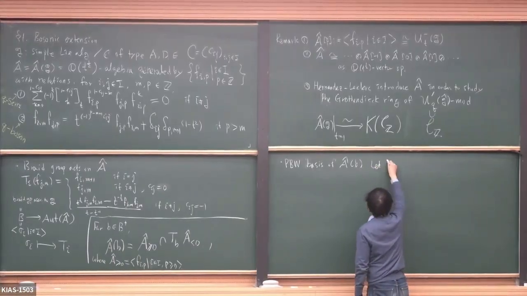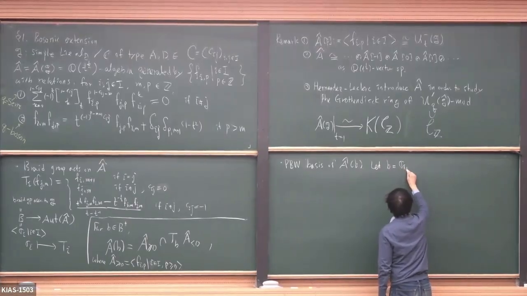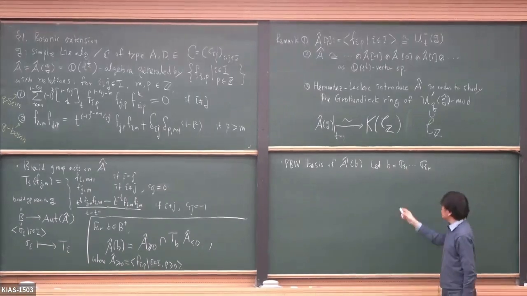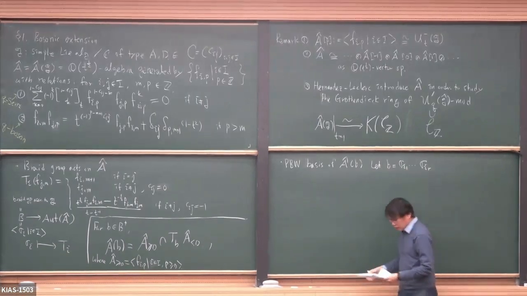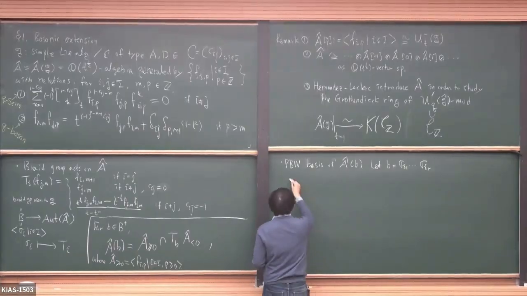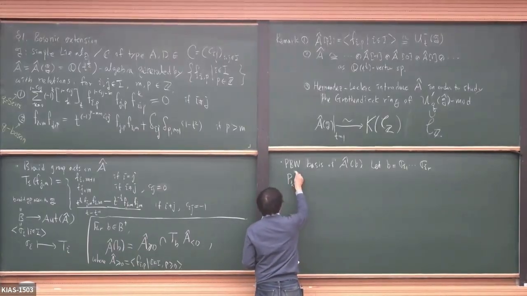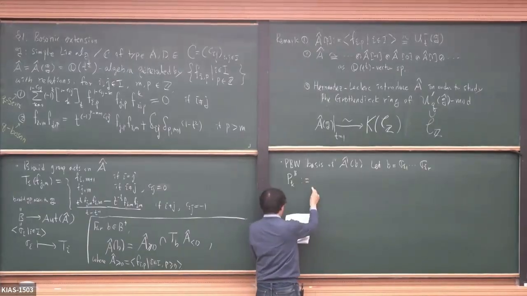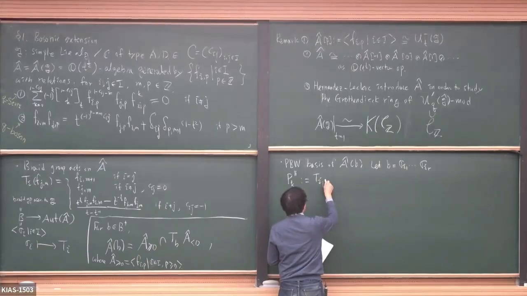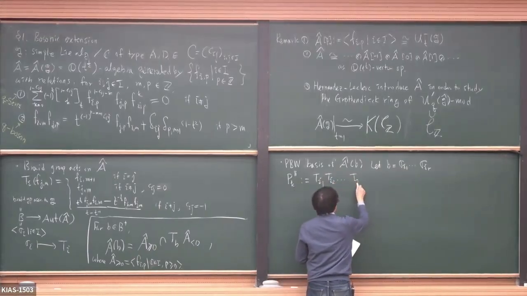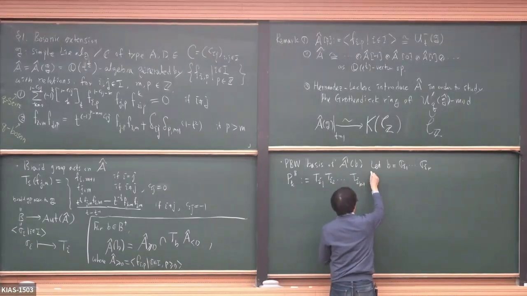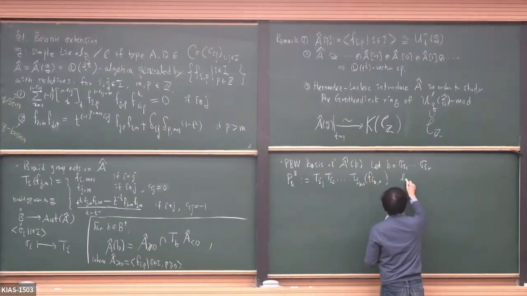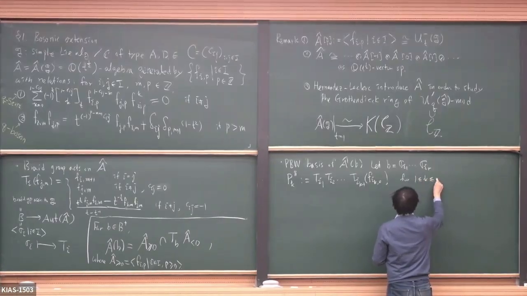Let's fix an expression of the positive braid B, so we fix the sequence i_1 to i_r. Then the element P_k is defined by T_{i_1}, T_{i_2}, up to T_{i_{k-1}} applied to F_{i_k}.